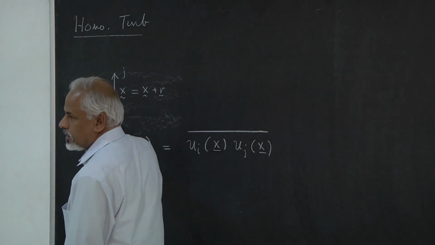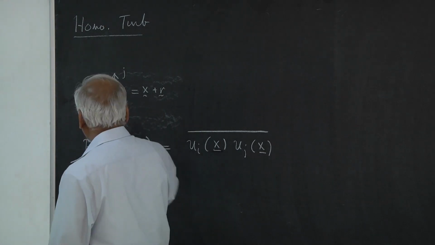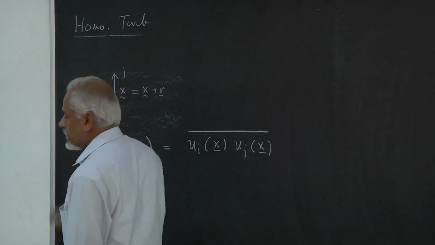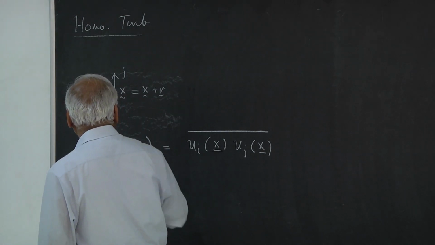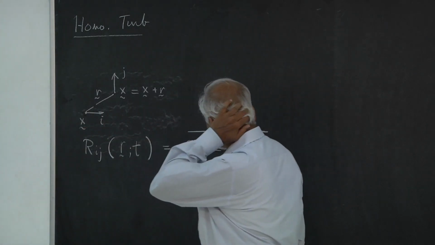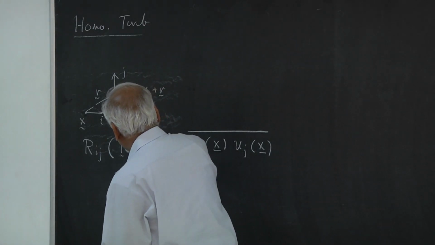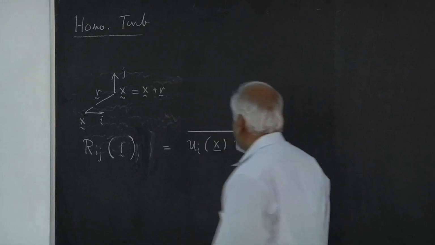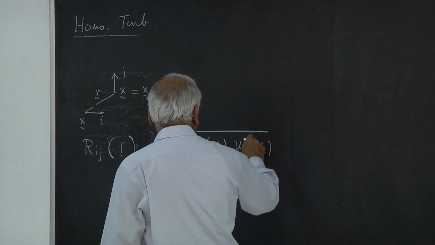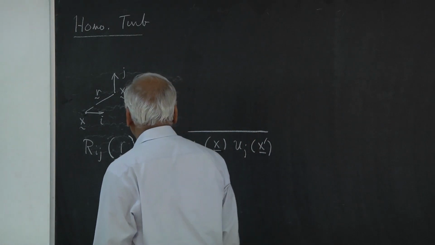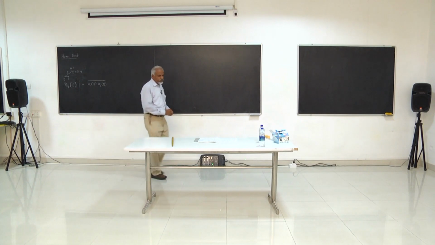In particular, it doesn't depend on x or x prime, but it only depends upon the separation vector r and t. If you average, it's not there either, so this is just r.